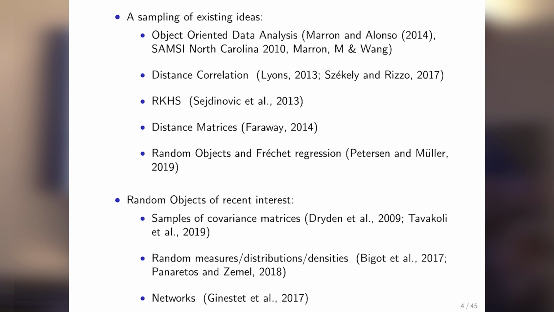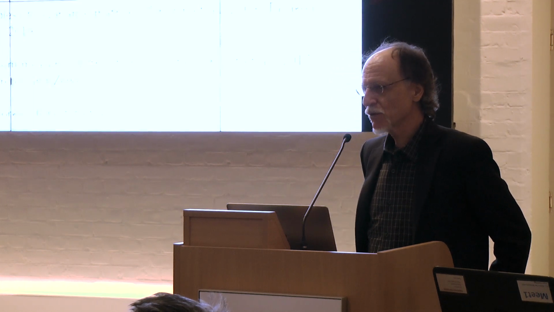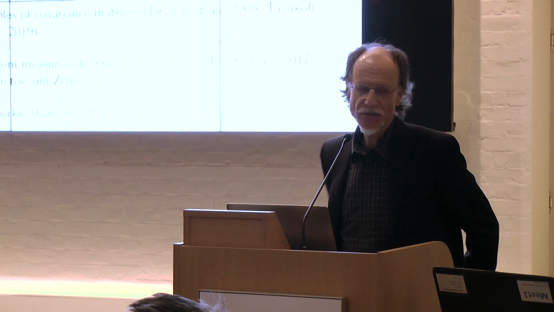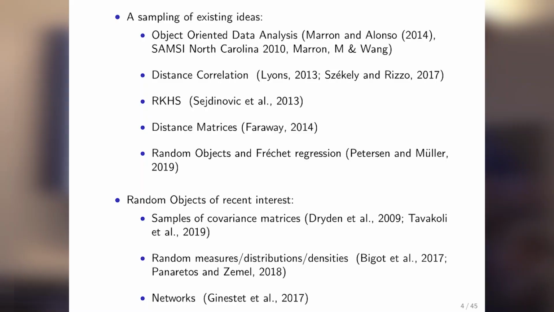Then a similar concept is distance correlation, which was first restricted to random vectors, but since about 2013 with the Lyons paper has been extended to metric spaces. There is also an interesting concept by Faraway, 2014, distance matrices.